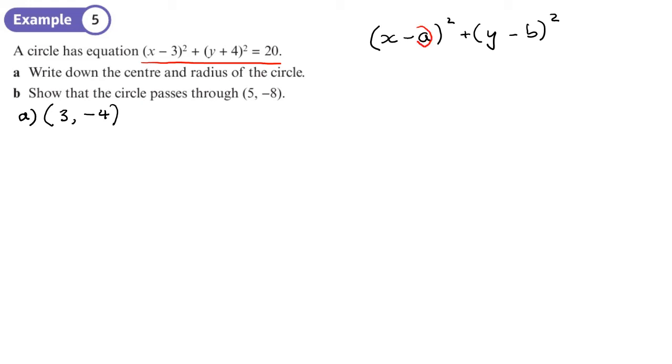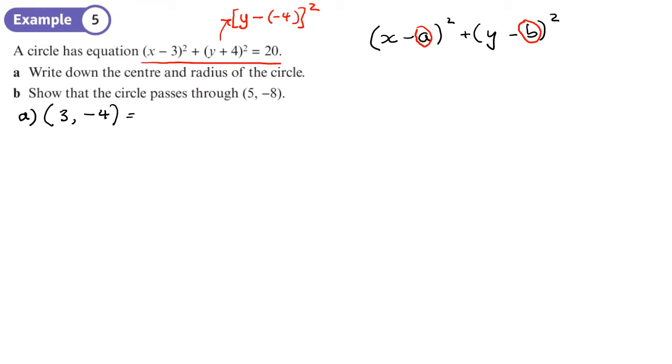Where it says y plus 4, you can think of that as y minus negative 4 all squared. That's why b is negative 4. Effectively just reversing the sign of the number that's in there.